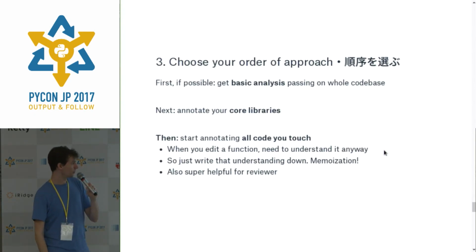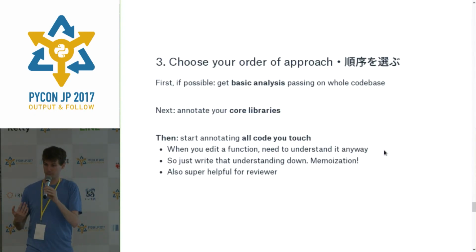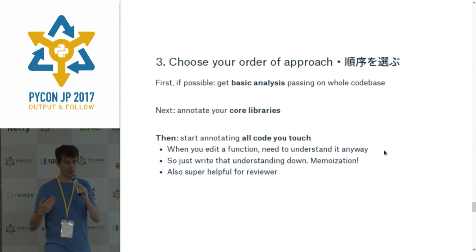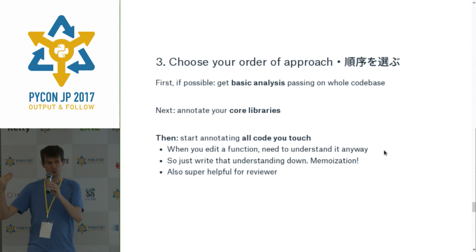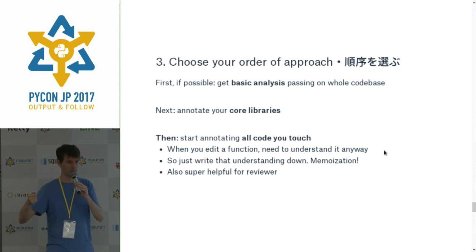Then, this is the most important step. Once you can, you should make it a rule, make it a practice that any code that somebody touches, anytime somebody writes new code, anytime you edit old code, you should write down the types. You should put type annotations on that code.